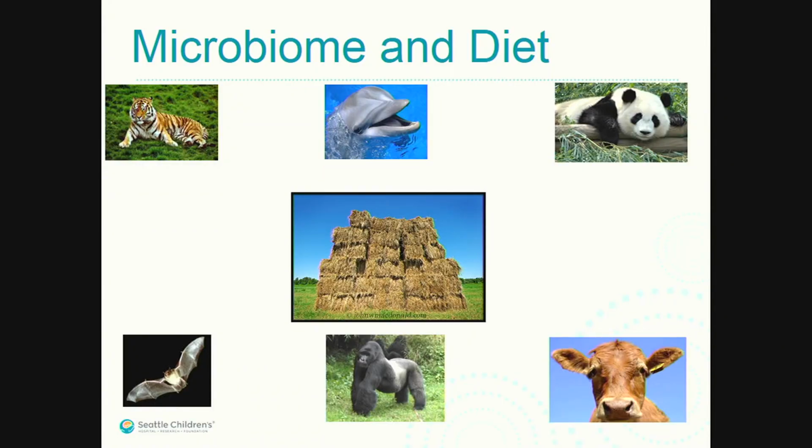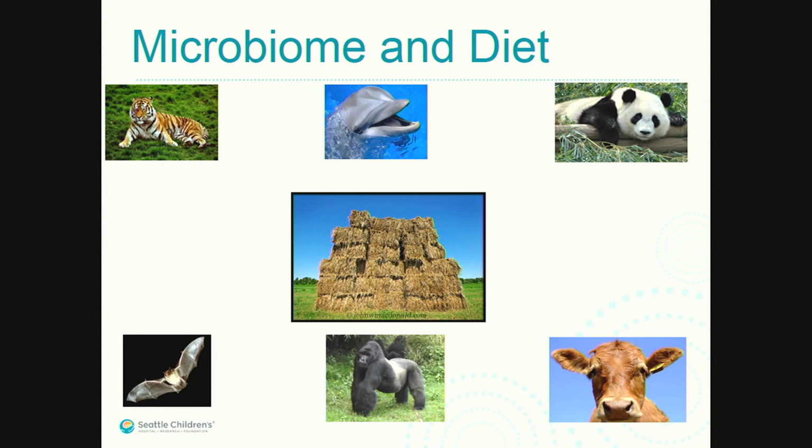So how does diet really change the microbiome? It's a concept that we know is true through multiple basic science research. But in a conceptual way, you can look at the organisms within our GI tract as single cellular animals.